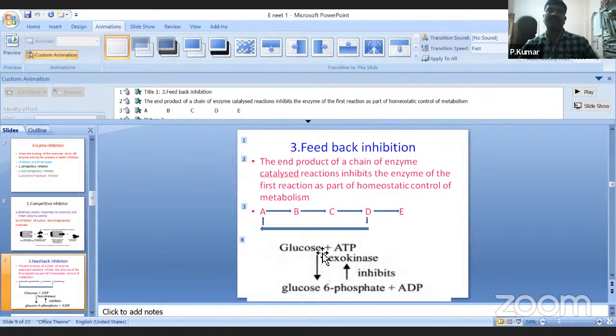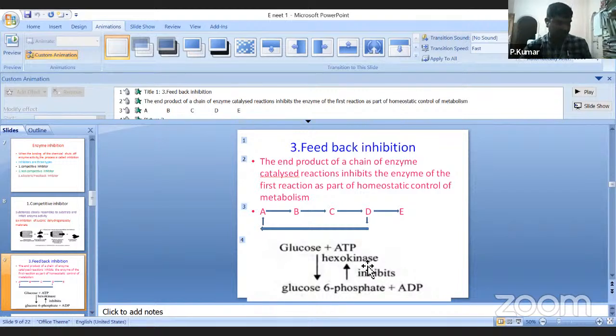Here, glucose is converted, consuming ATP, in the presence of hexokinase enzyme into glucose 6-phosphate. This glucose 6-phosphate cannot form glucose again; at that time it acts as an inhibitor of hexokinase.